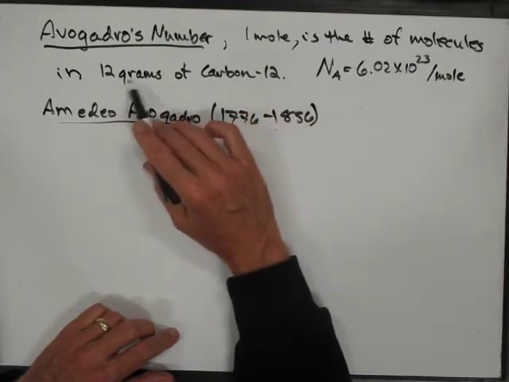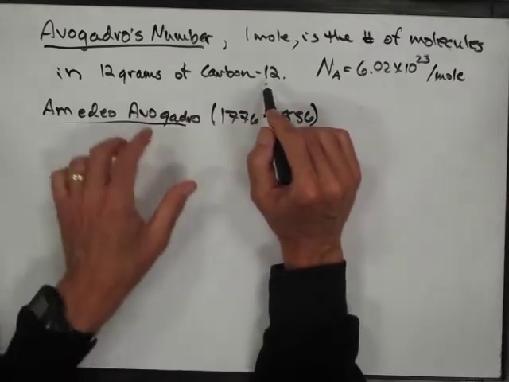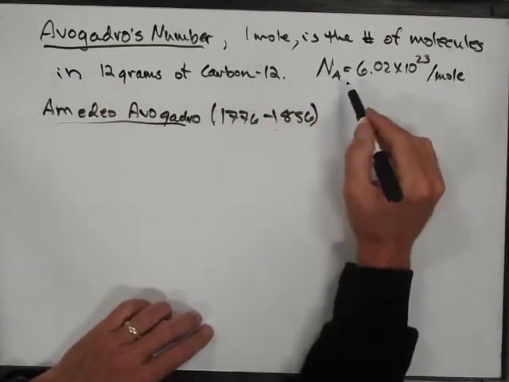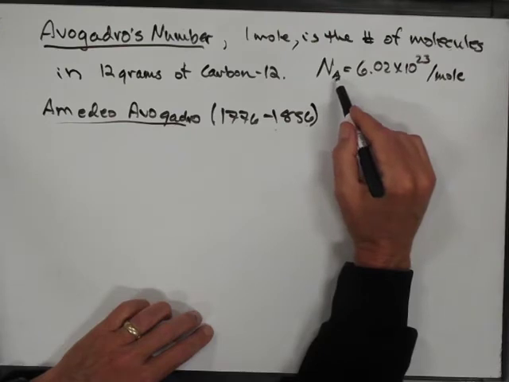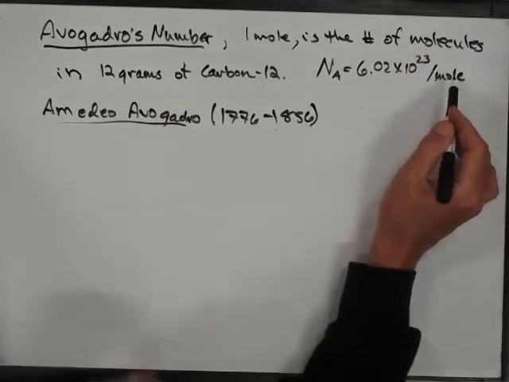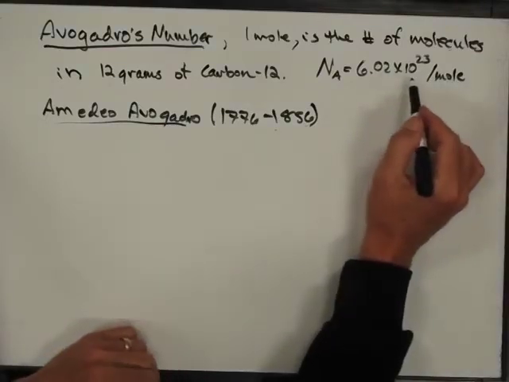If you have the number of grams equal to the atomic weight in atomic weight units, you'll have a mole of them. Avogadro's number is often written this way: Na is equal to 6.02 times 10 to the 23rd per mole. That's the number of molecules in a mole, or the number of anythings in a mole.